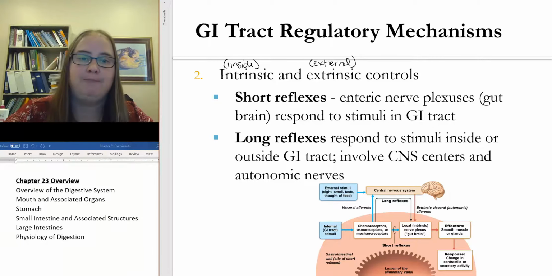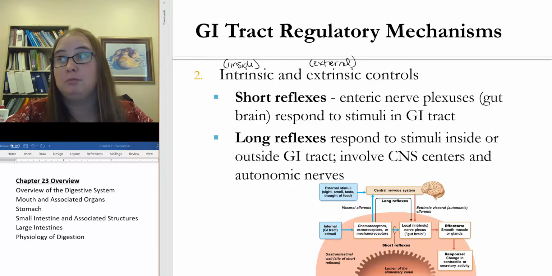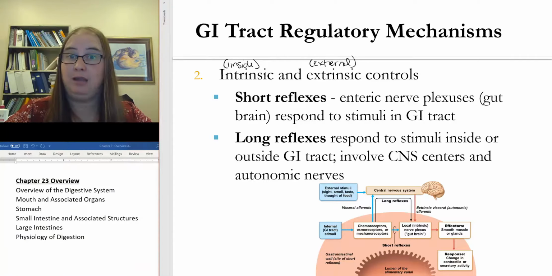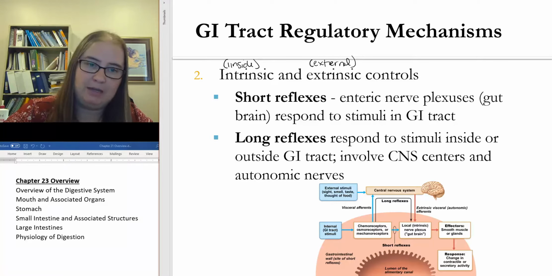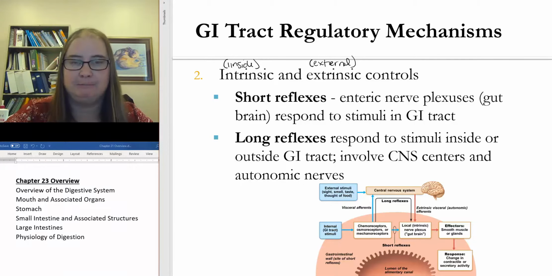So chemicals being sensed within the tubular structure or stretch cause a localized reflex that can also be sent to the brain and signal things to the brain. However, this short reflex, again, is within the digestive system.